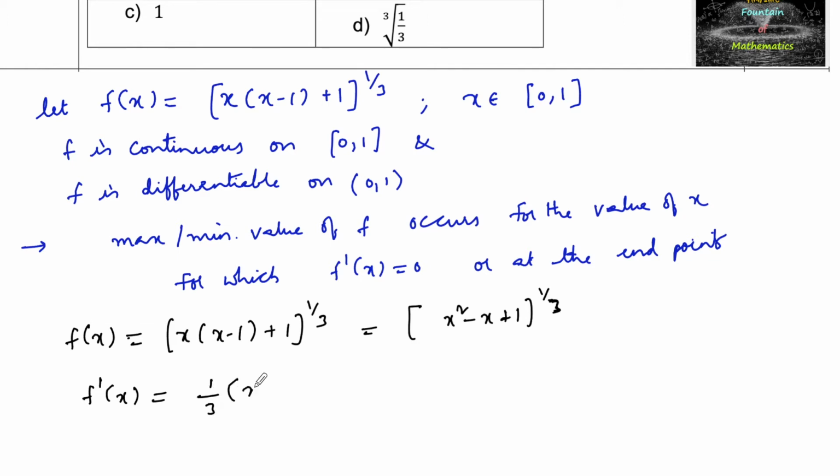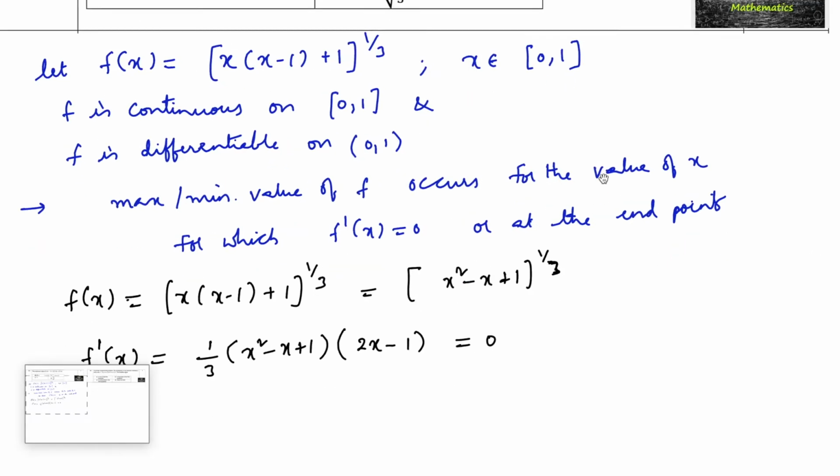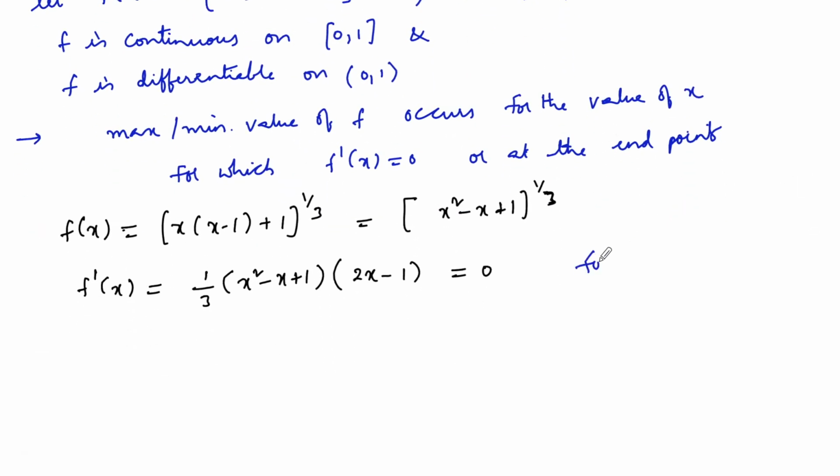So 1 by 3 times x square minus x plus 1 into, again, the differentiation of x square minus x plus 1 by chain rule. So we have 2x minus 1, which is equal to 0 for minima or maximum value.